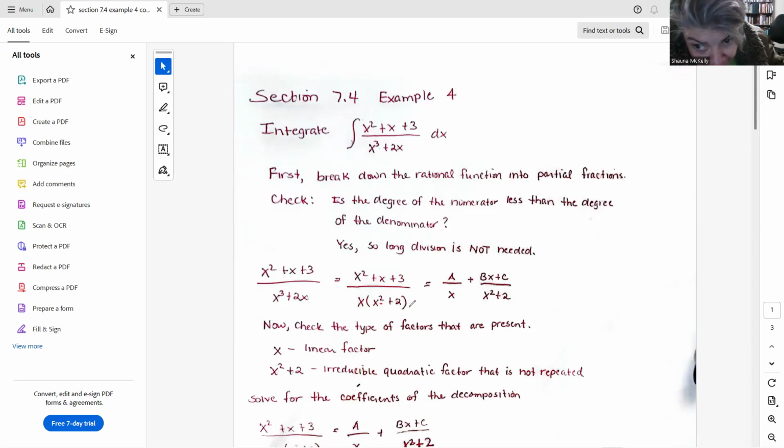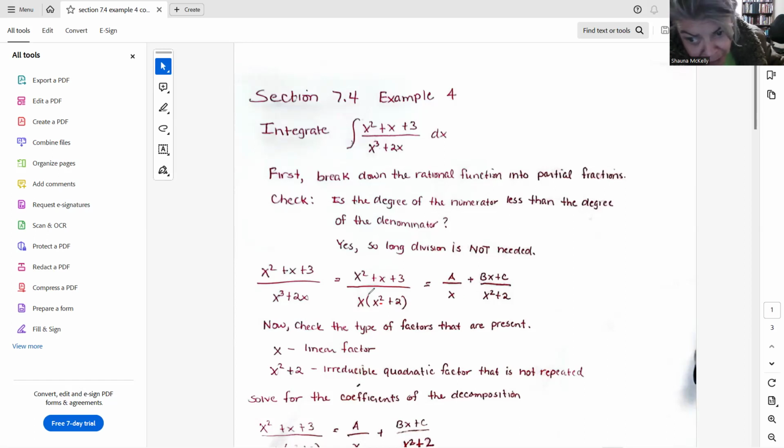I can't factor it anymore. So I'm going to end up with a linear factor on top, Bx. Notice I have an x here. I have two coefficients, Bx plus C, because I need to introduce that x term, and I need a constant after it, over x squared plus 2. That's where it came from.